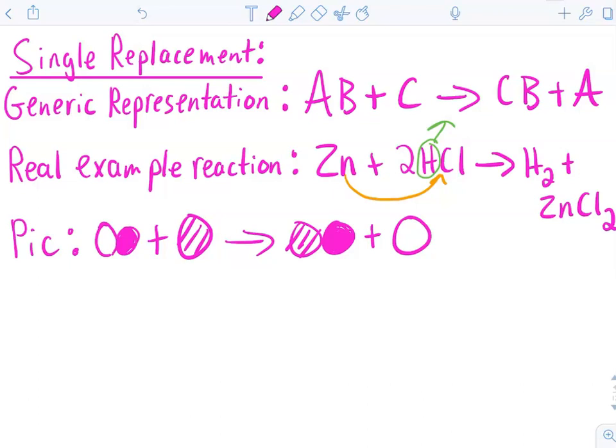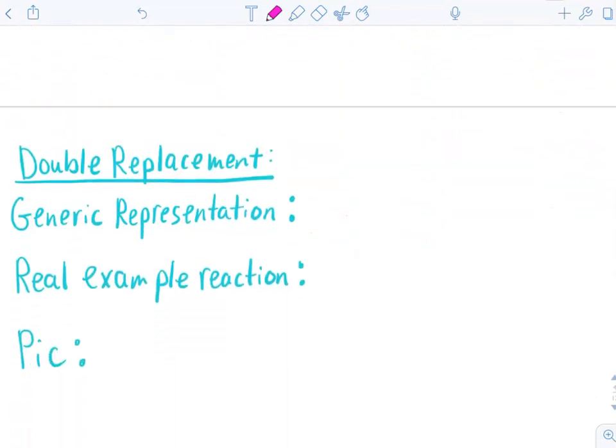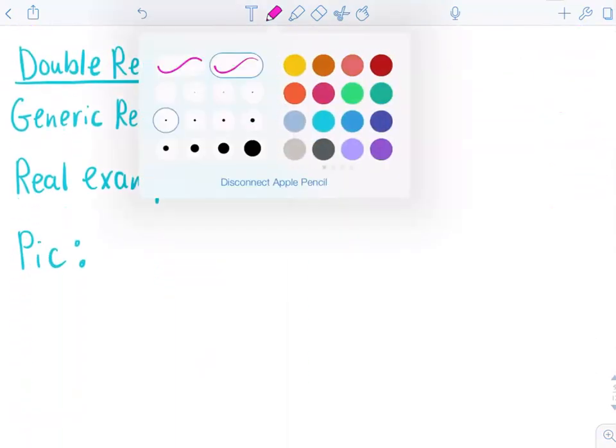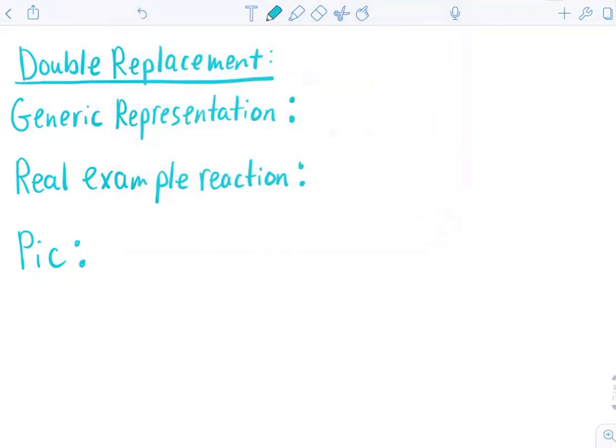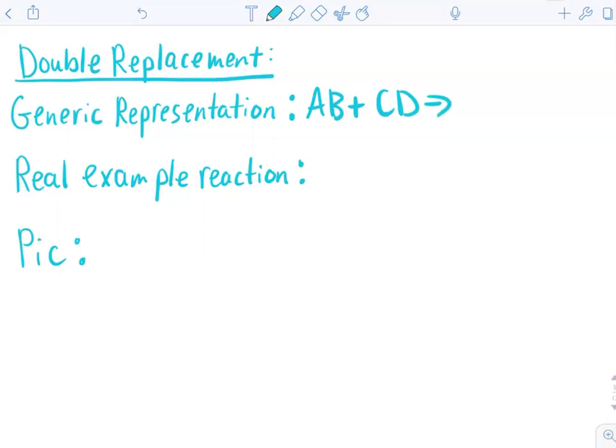Then we have our double replacement reactions, which sounds like the name. We're going to have two things replacing each other. So this time AB plus CD is going to give us AD plus CB. And again, the letters could have been rearranged.